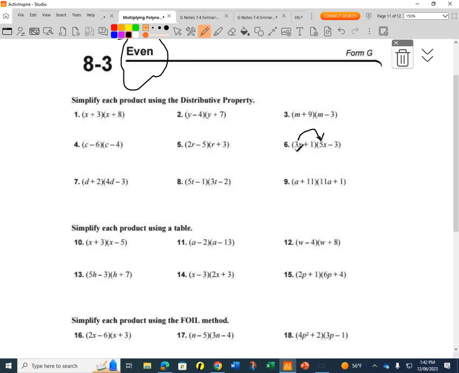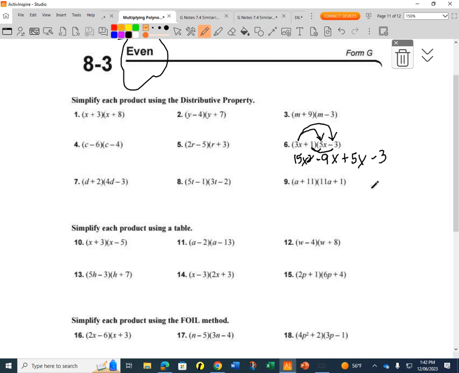So 3x times 5x is? 15x squared. Very good. 3x times negative 3 is? Negative 9x, right? Now we have 1 times 5x. 1 times anything is just that number, so that's 5x. 1 times negative 3 is minus 3.